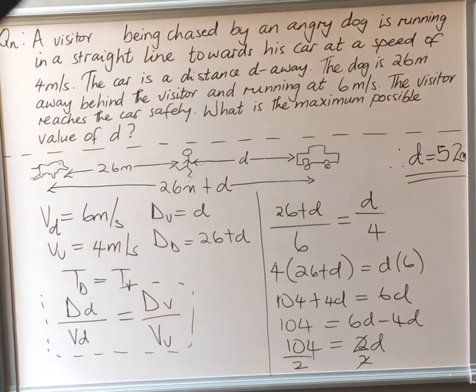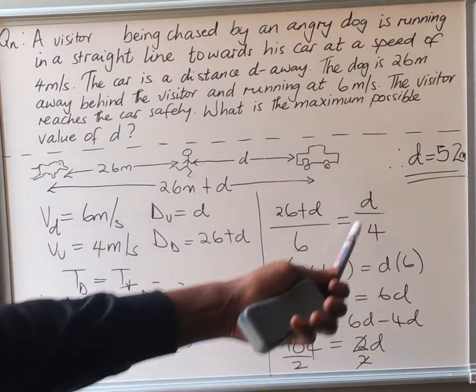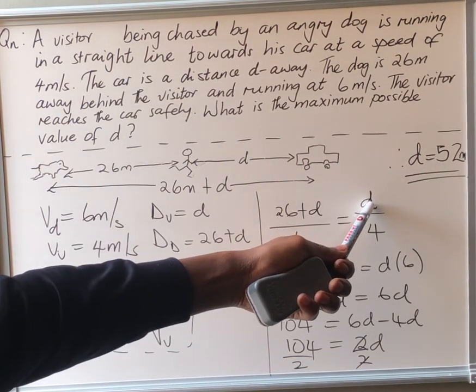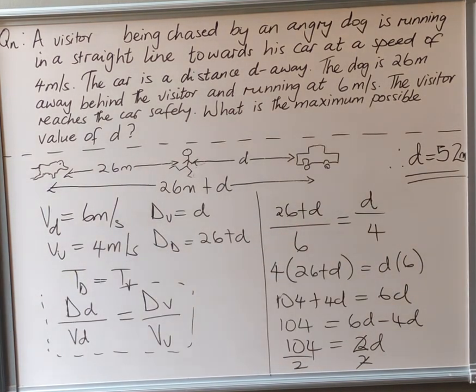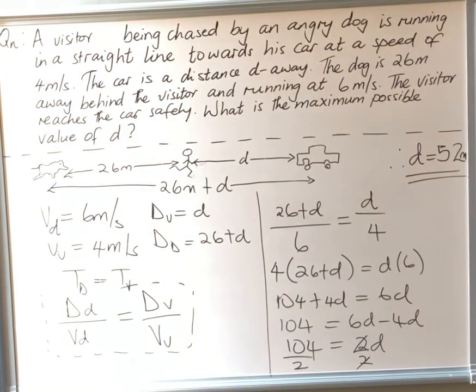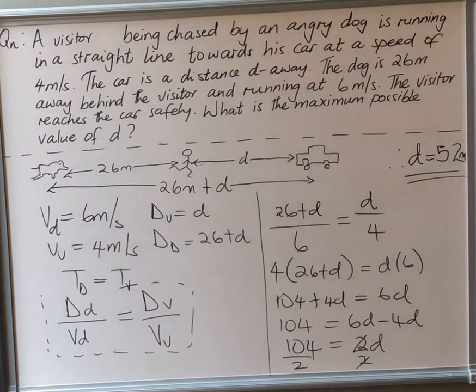To find t it becomes very easy. You put the value of d, which is 52, so 52 divided by 4 will give you the time that the dog and the visitor are sharing. So this is how you calculate d.